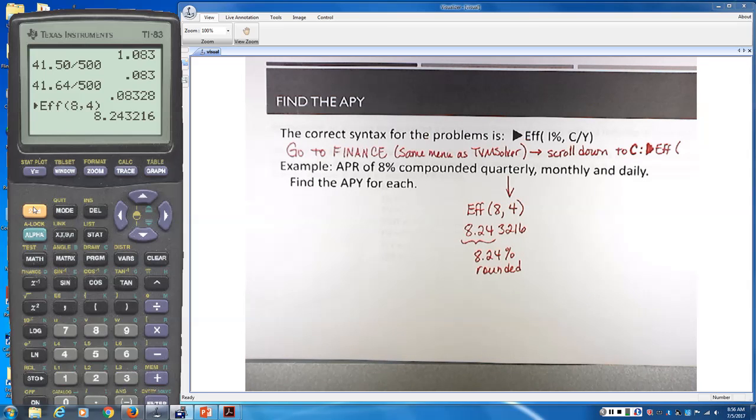And the only difference in that and monthly is that we would enter 8, 12 for 12 months a year.